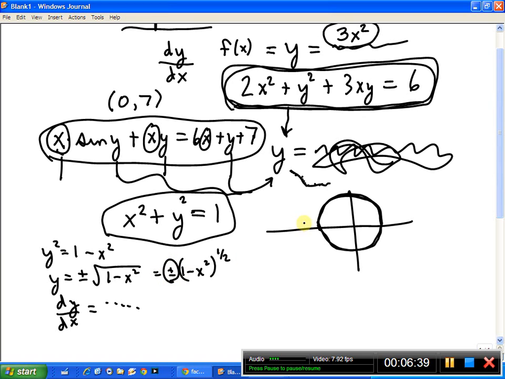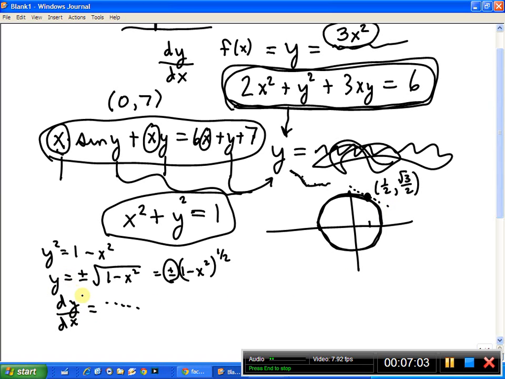And then I could figure out what the slope of the tangent line is at a point, like where x is equal to 1/2 and y is equal to, I think that's square root of 3 over 2, isn't it? So I could calculate the slope of the tangent line there just by doing all this work.